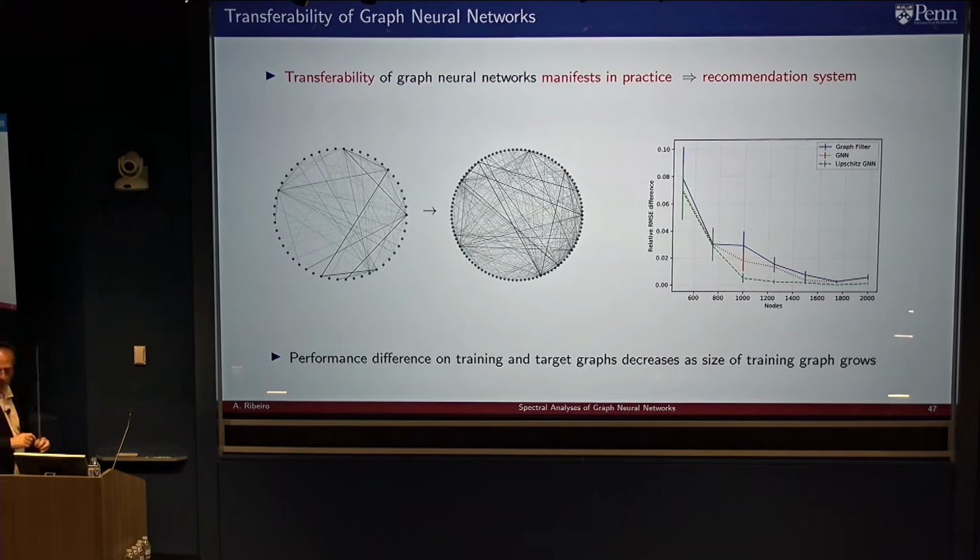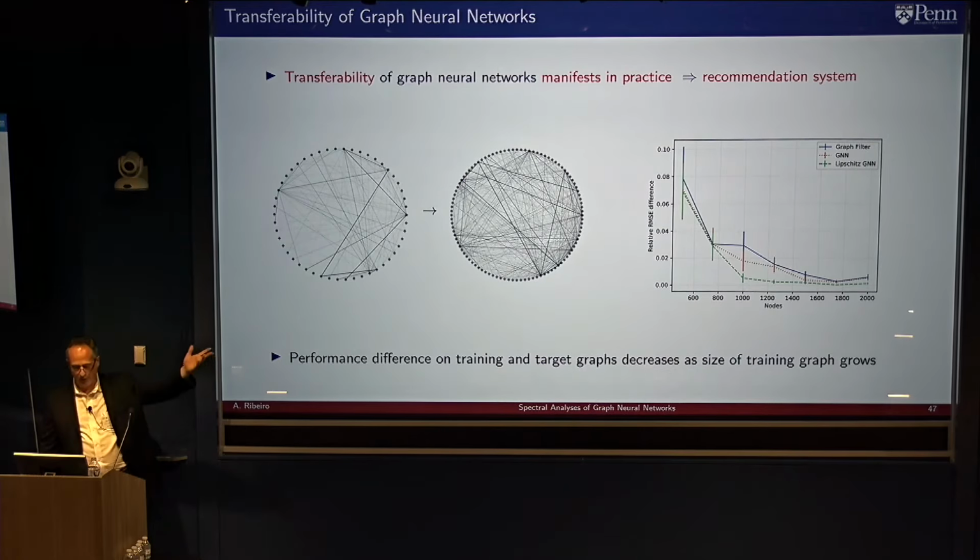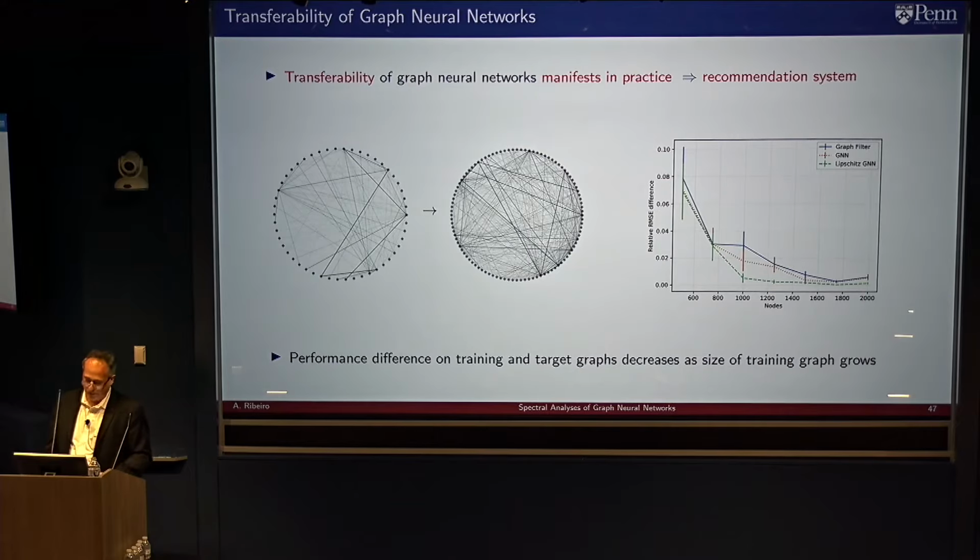Now, I've already shown you this plot here. This plot is on transferability. It's the same experiment that I showed you before. We go from a small graph into a larger graph, and we evaluate the loss in performance that we would observe if we were to train on the proper size. And you see that this quantity is going to zero.